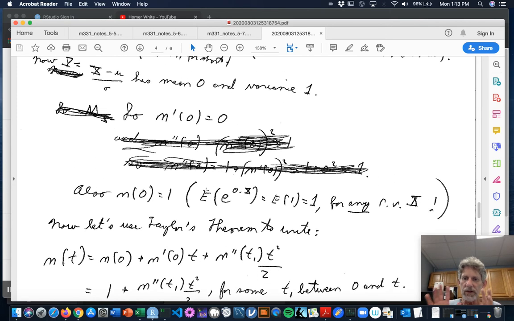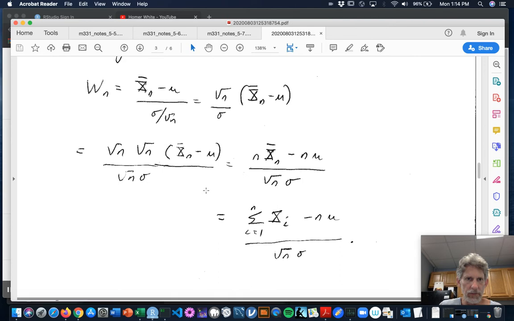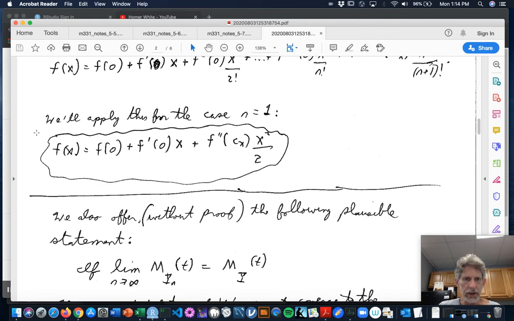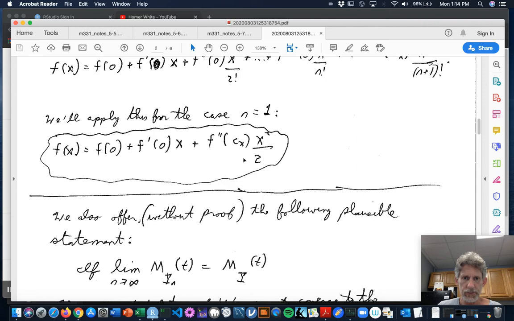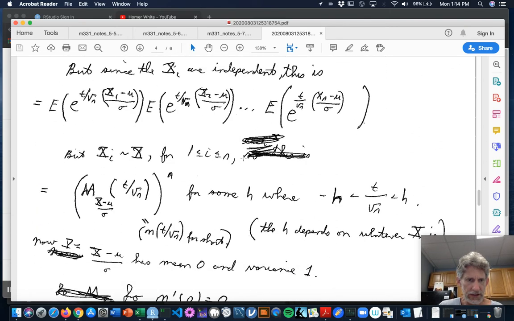So using those two little factoids, m of 0 is 1 and m prime of 0 is 0, plus Taylor's theorem, we can rewrite m of t just like Taylor's theorem rewrites f of x.